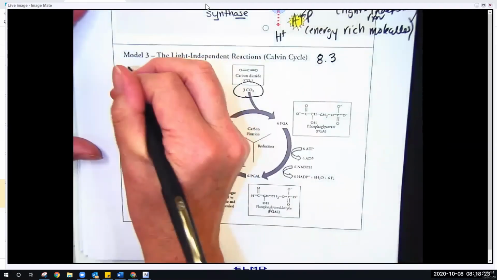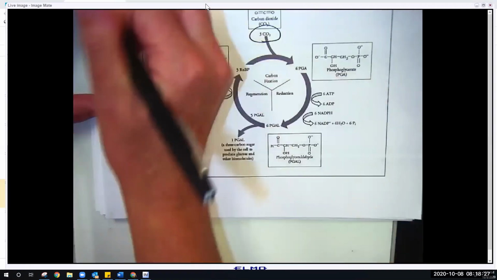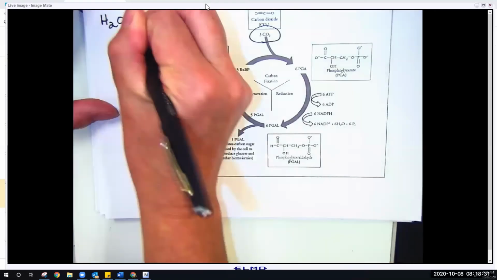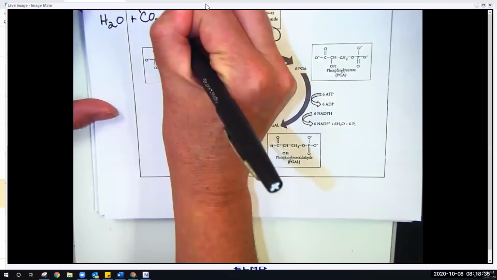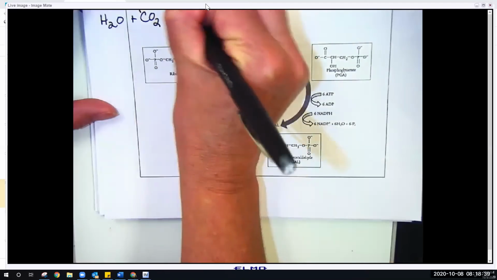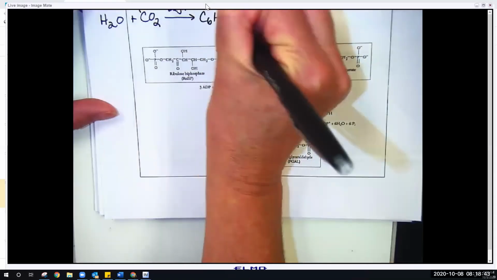I'm just going to write the equation for photosynthesis up here. We're going to take water plus carbon dioxide, and then using light energy, we're going to make glucose.